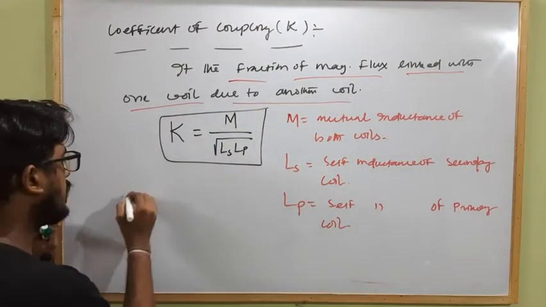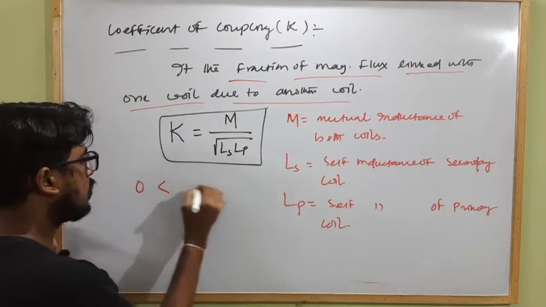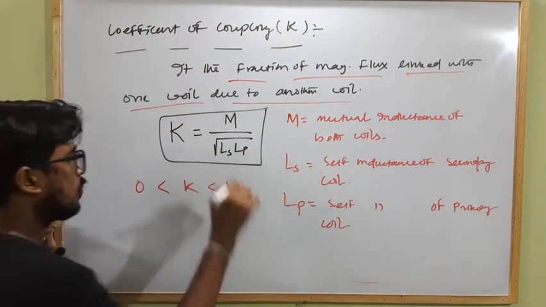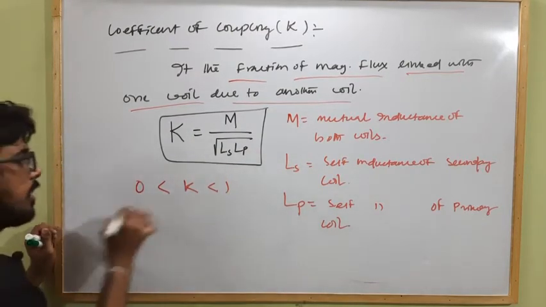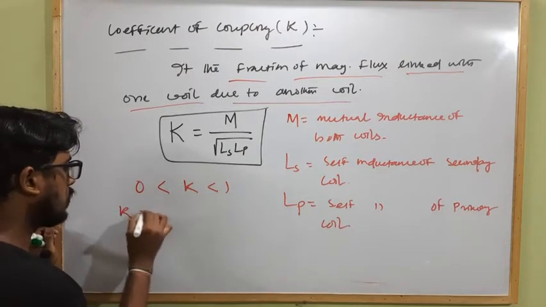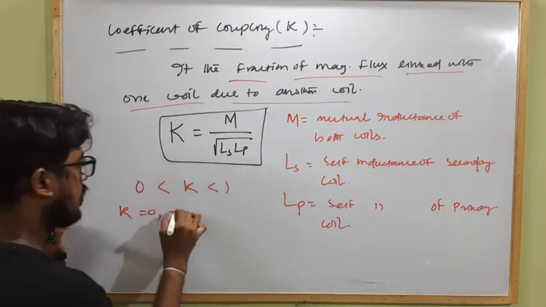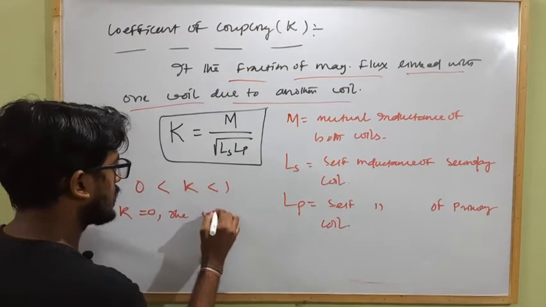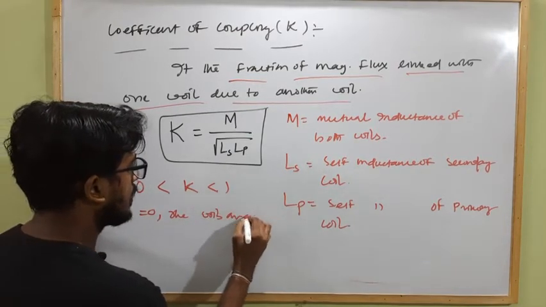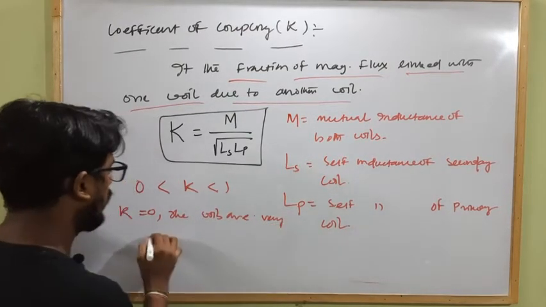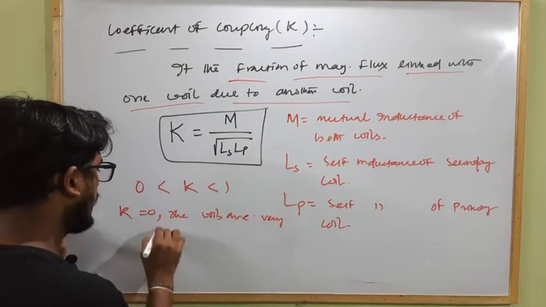Clear? And its value generally lies between 0 to 1. When K equal to 0, the coils are very loosely wound.